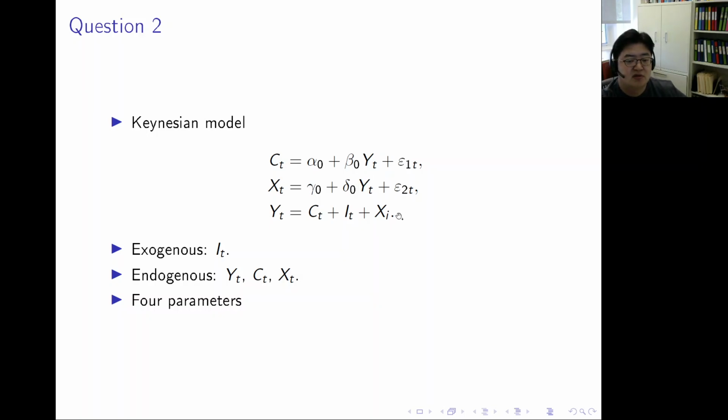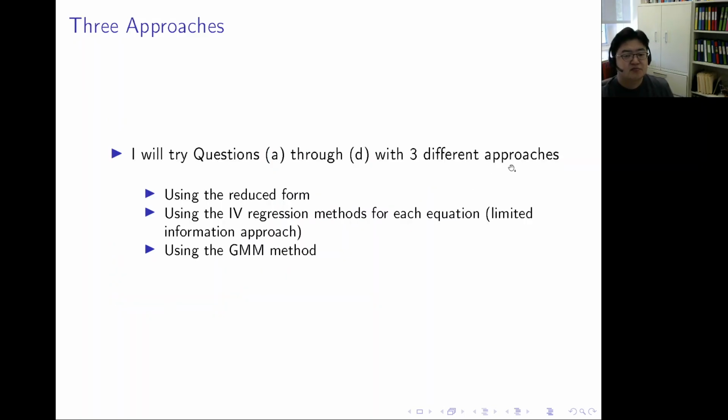So let me start. By the way, there are 3 different approaches in this question. First, in most textbooks, the simultaneous equations model starts with a reduced form approach, converting the structural form equations into reduced form equations and then so on.